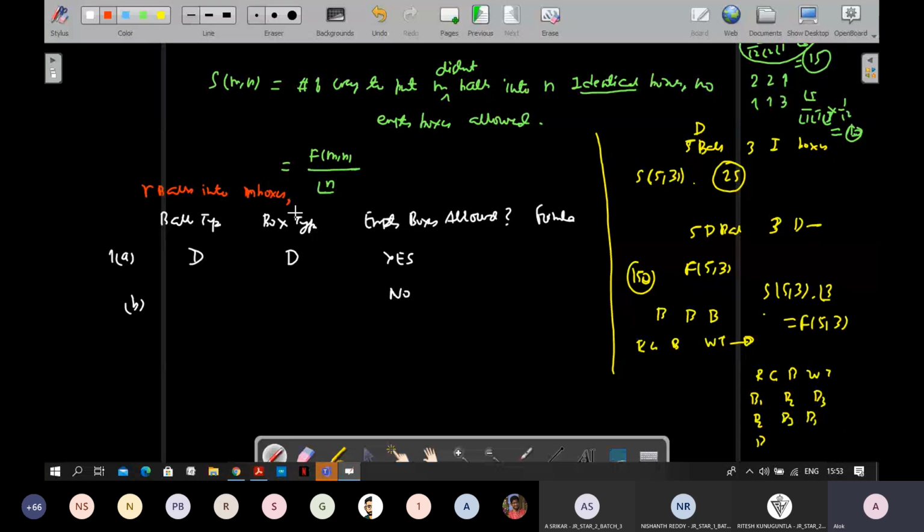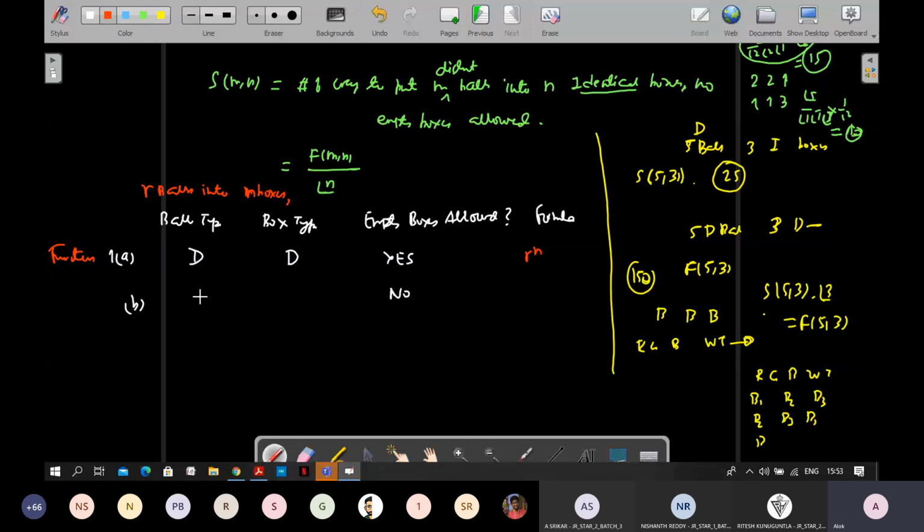And the second thing is that order inside the boxes is not significant. It's not like rings and fingers. Suppose there are 10 balls in a box, how you arrange them does not matter here. That's the assumption according to which we are answering the questions. And this formula is just N to the power R. It's just the number of total functions.